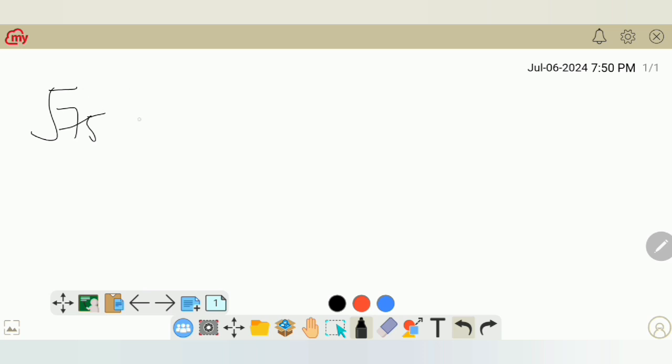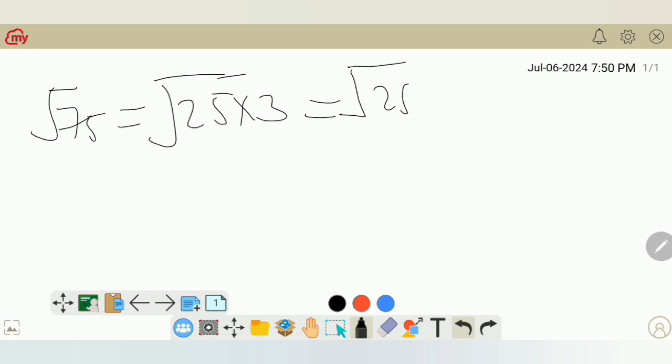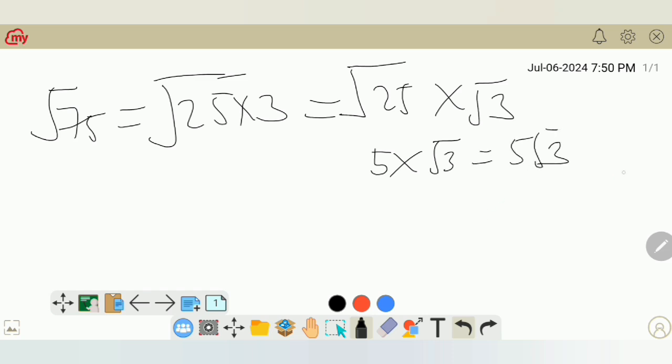So root 75 can be expressed as root of 25 times 3, and this is further equal to root of 25 times root of 3. Root of 25 is 5, root of 3 is still root 3, so this is equal to 5 root 3. Then we can say that this surd is in its simplest form.